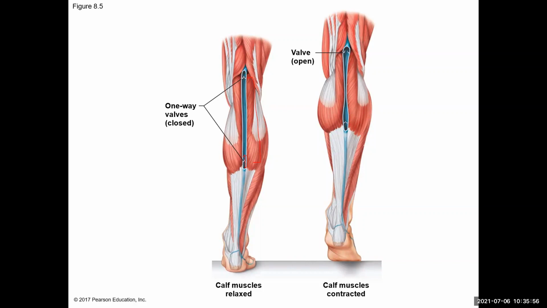And so, as you walk, your calves will contract, and that will squeeze on the vein, and that will push the blood upwards. So the blood will go up through that valve, but it can't move back because that valve will close. And as you continue to move and do things, your skeletal muscles will push on those veins, and it will cause the blood to go back up to your heart.